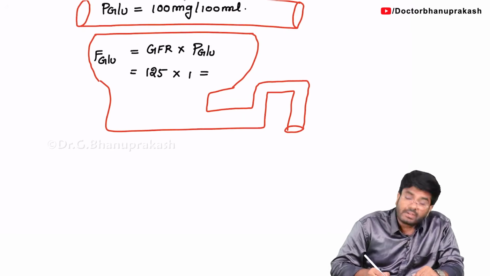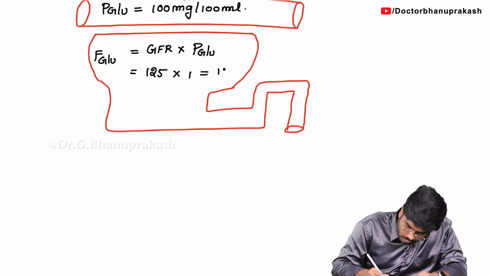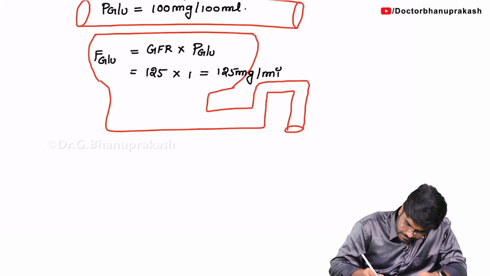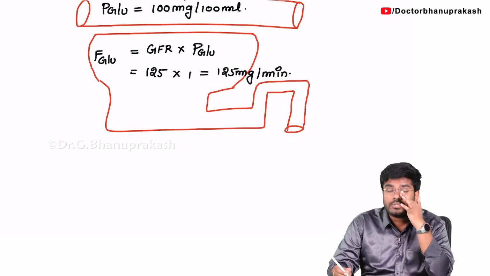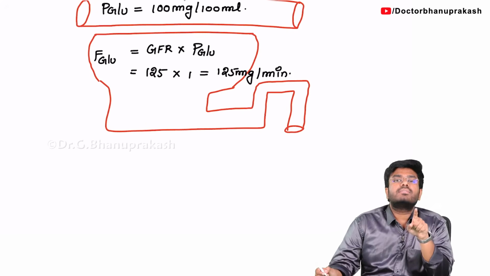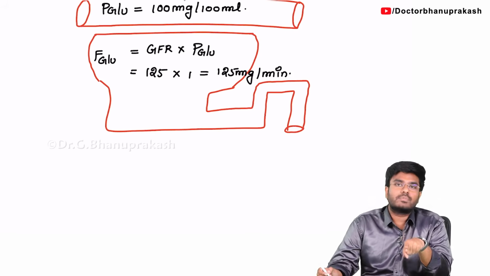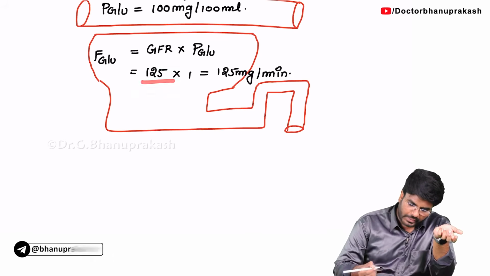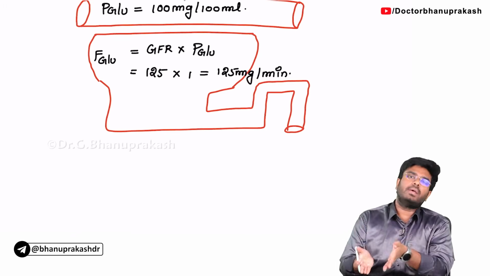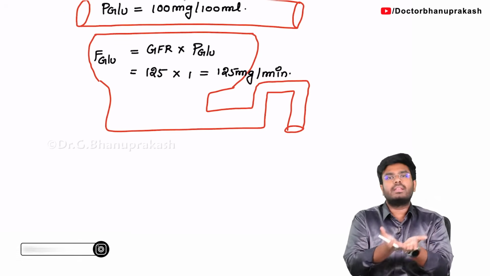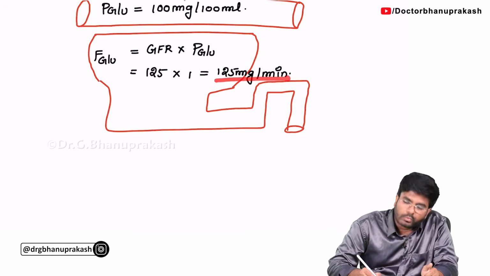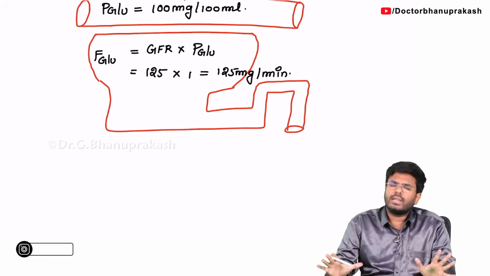So tell me, what is the filtered load of glucose? 125 milligrams of glucose is getting filtered every minute. Simple logic, no? In every ml there is 1 milligram, so in 125 ml there will be 125 milligrams, filtered into all the nephrons together every minute.